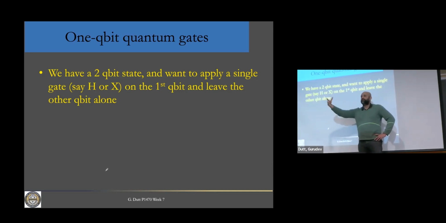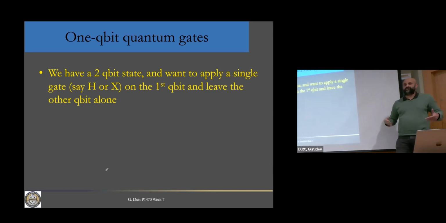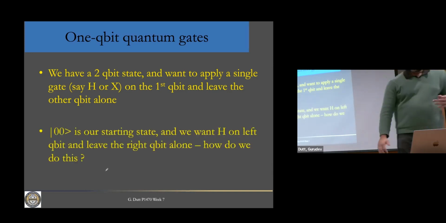So that's why it's a 1 qubit gate. Okay, even though there are 2 qubits in the state. The state is still, you have to describe it as n qubits, or 2 qubits in our case, but the gate by its nature acts only on one of them.